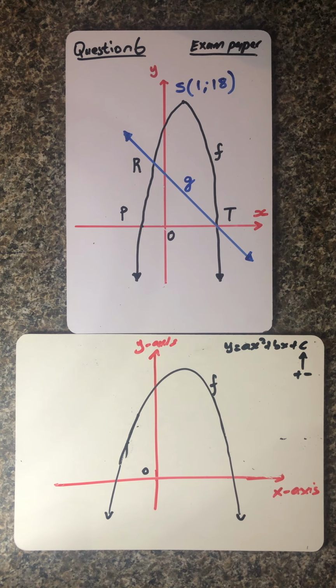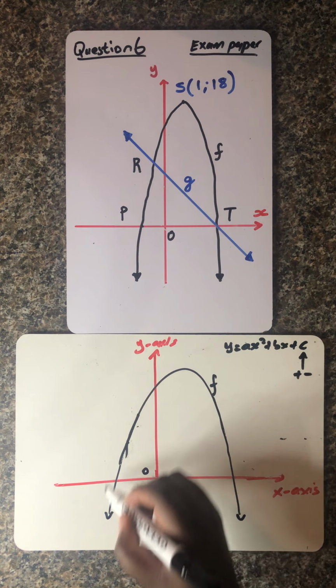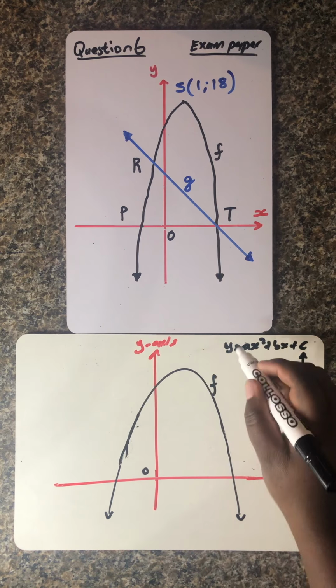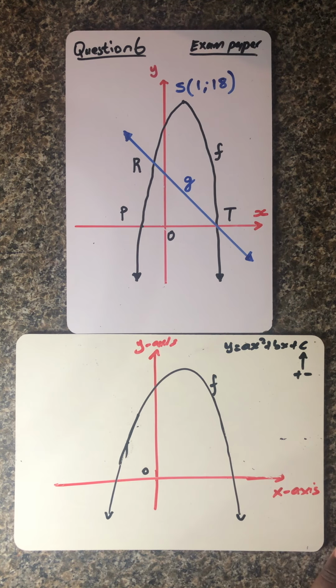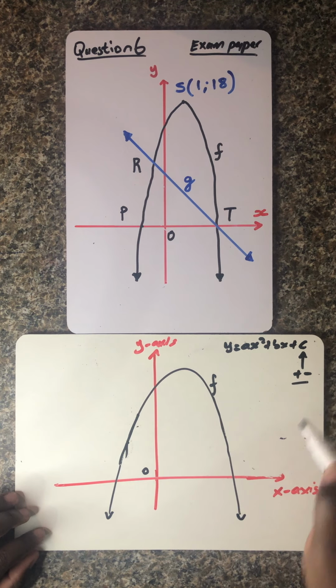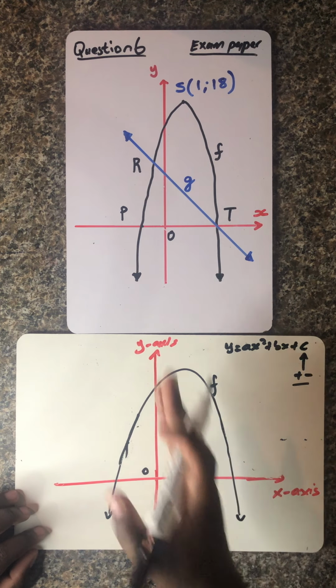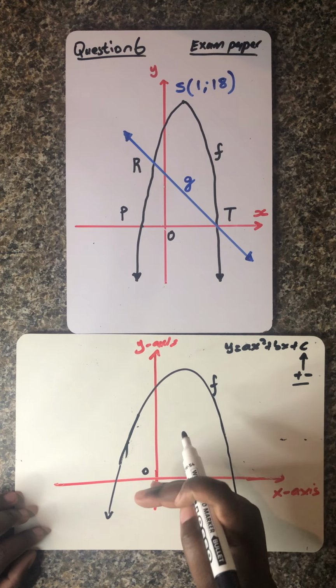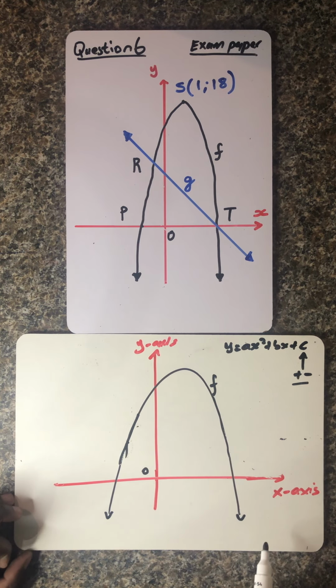But what I'm saying is the value of c tells us where the parabola, which could be in that shape or that shape, touches the y-axis. What you need to know in terms of the signs is whether this parabola cuts the y-axis on the positive side or on the negative side of the axis.